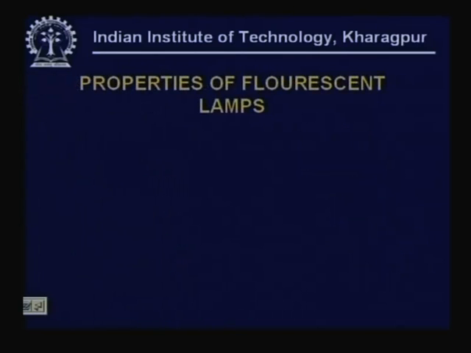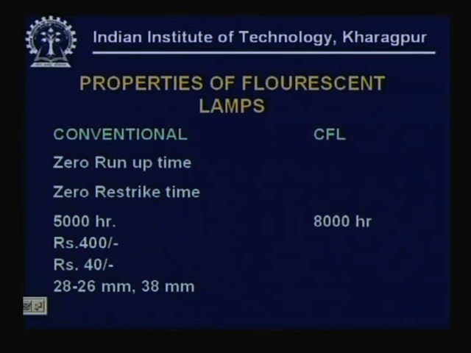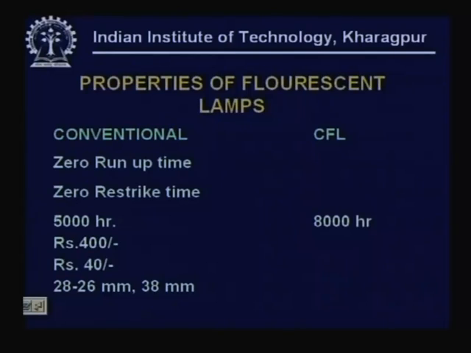And continuing with the further properties, you do find they are really comparable. No doubt, in today's market, a simple 18-watt CFL may cost around 150 to 200 rupees, but it has a long burning life of 8000 hours.